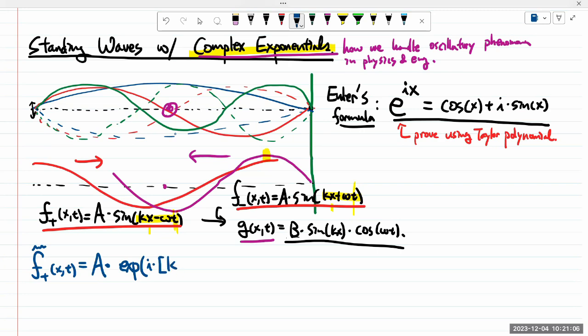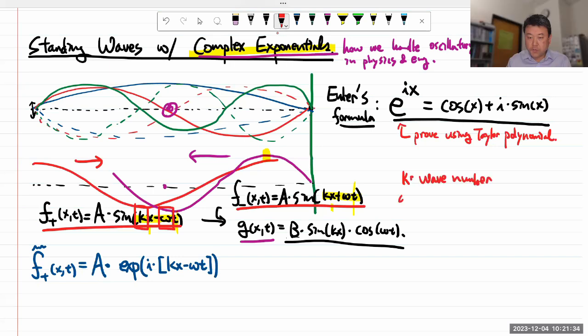Now there's a bit there that I have to be careful with, so let me fix it now before it gets any further. When I was dealing with the sines and cosines, I wasn't all that careful about the meaning of this k wave number and omega angular frequency. By being careful, this is what I mean.